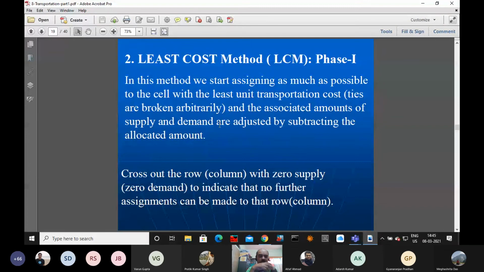The associated amounts of supply and demand are adjusted by subtracting the allocated amount. Next, cross out the row or column with zero supply or zero demand to indicate that no further assignment can be made to that row or column.